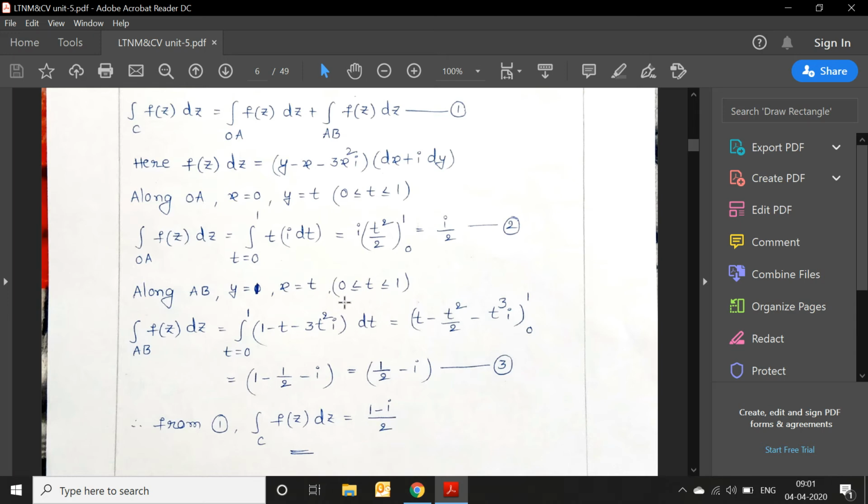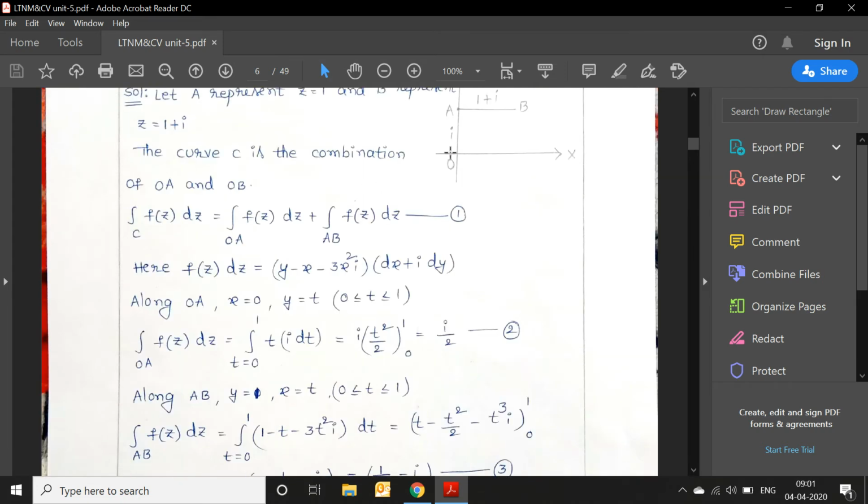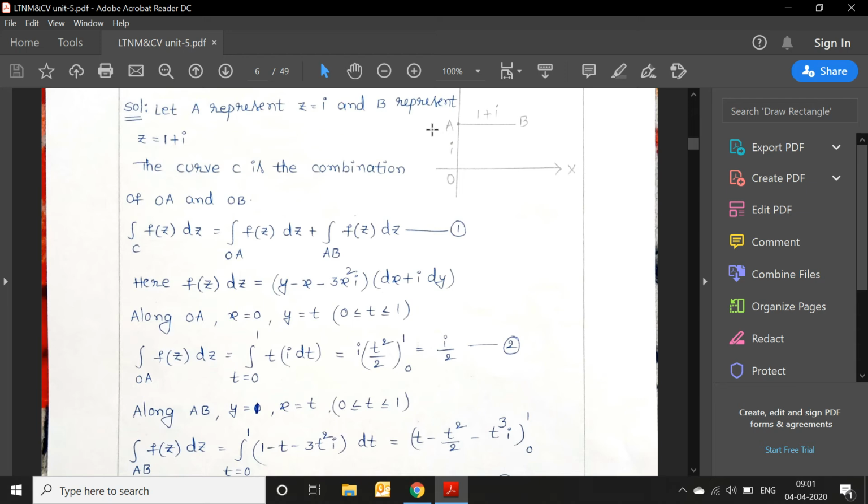So why we convert into t in this sum is, here two line segments are there. So here the first point O is (0, 0). Next point A is (0, 1). So here clearly at these two points, the x value is 0 and the y value is 0 to 1.